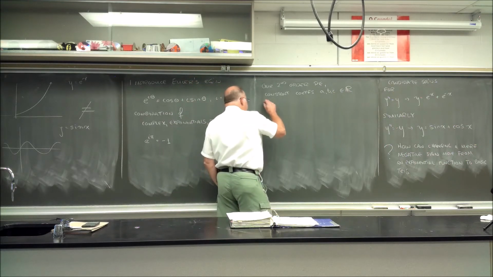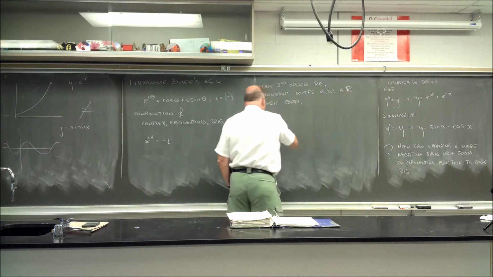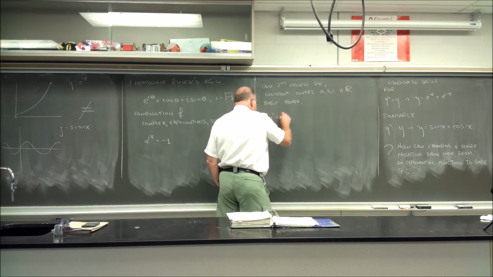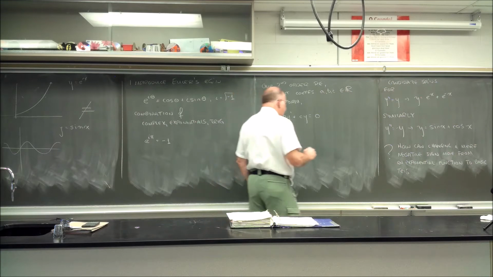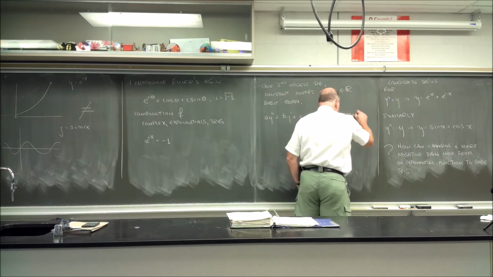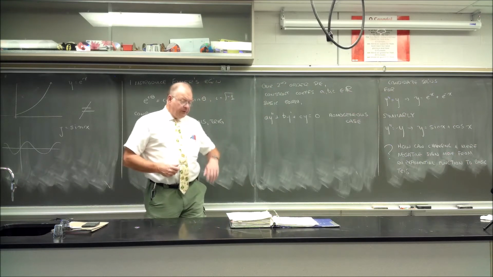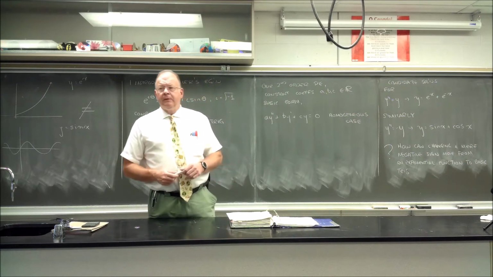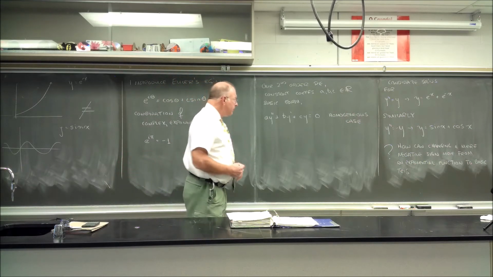So the basic form is going to be a y double prime plus b y prime plus c y, and we'll use 0 for now, solving a homogeneous case. This is important because the non-homogeneous case requires us first to solve the homogeneous case. So this is good work for us.